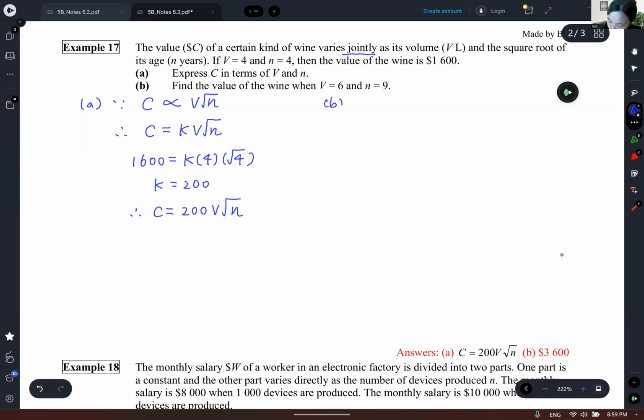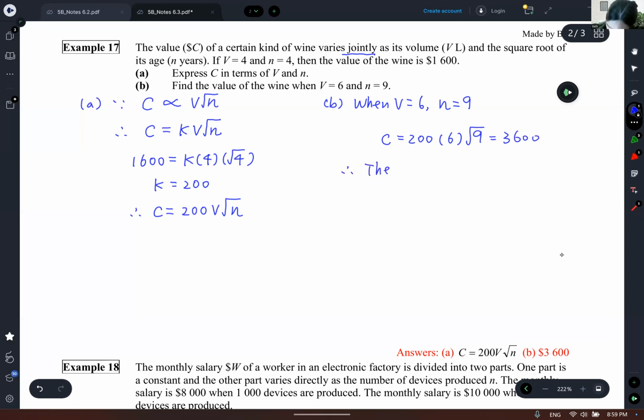And then the value can be found. When V equals 6, N equals 9, C equals 200 times 6 times root 9, that is 3,600.